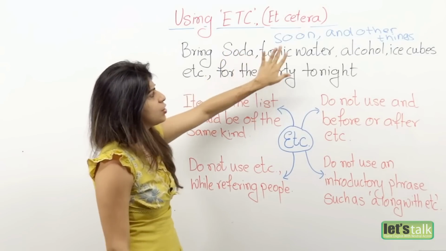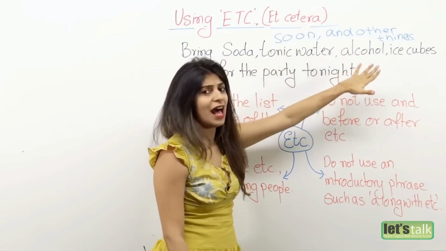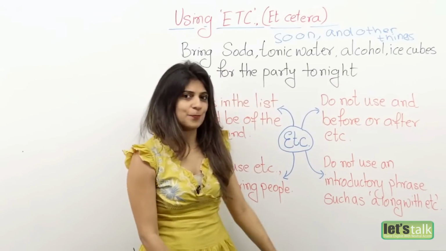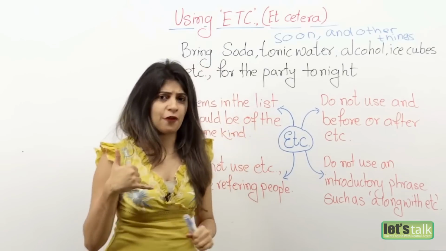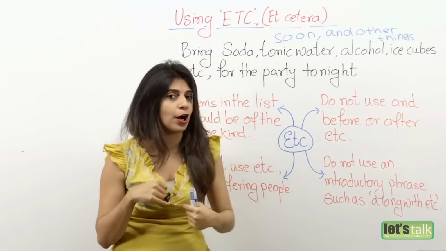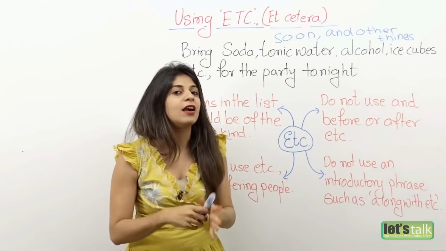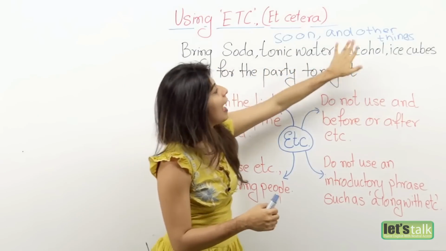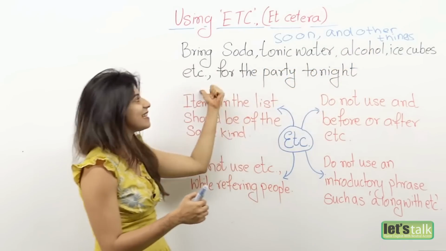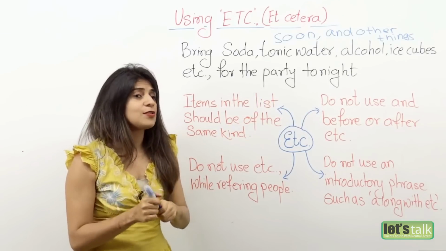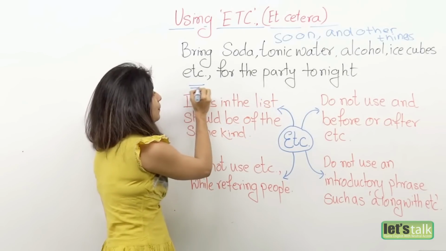Bring soda, tonic water, alcohol, ice cubes, etc. for the party tonight. So I end up calling my friend, okay, I'm really busy and I want her to get something for the party. So I tell her, hey, could you please bring soda, tonic water, alcohol, ice cubes, etc. for the party tonight? So I end up using the word etc. here.